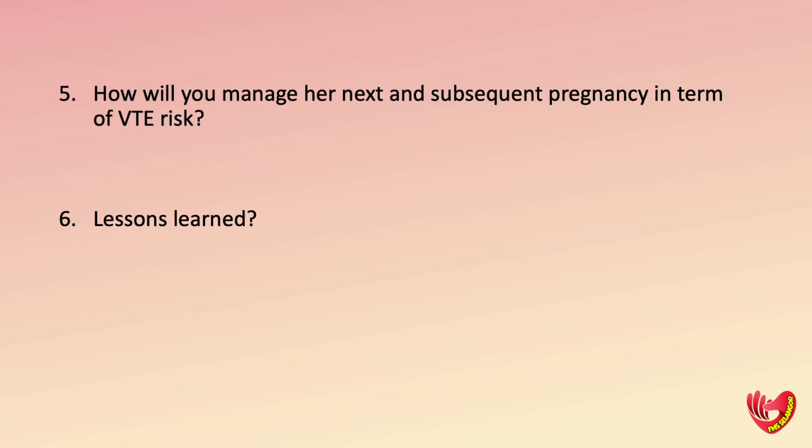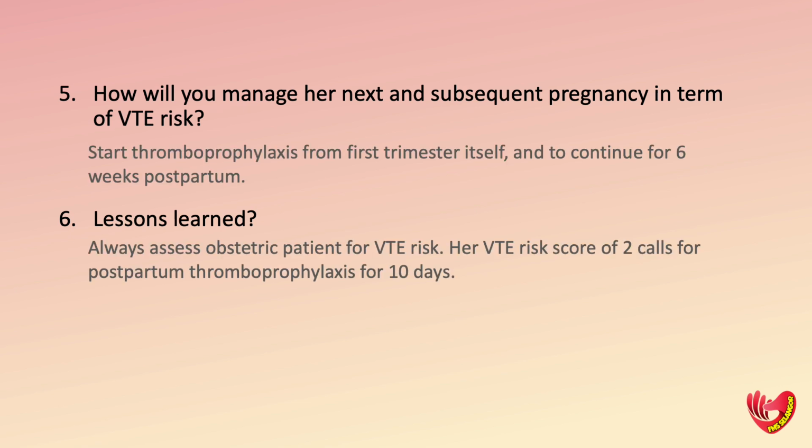For this patient, how will you manage her next and subsequent pregnancy in terms of VTE risk? And what are the lessons learned from this case? For her subsequent pregnancy, she will have very high risk of getting venous thromboembolism. Hence, she will need to be started on thromboprophylaxis from first trimester itself and to continue for 6 weeks postpartum.